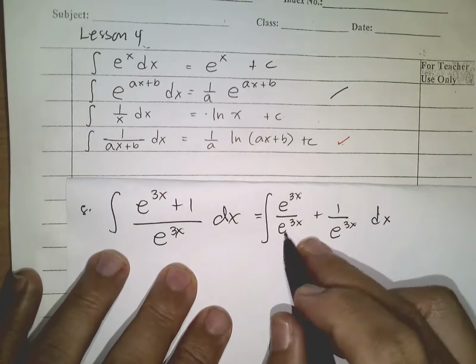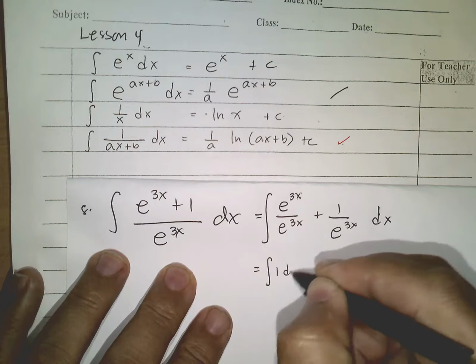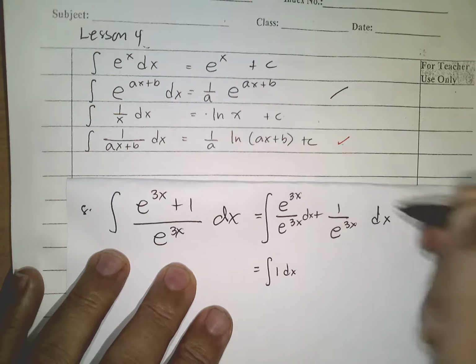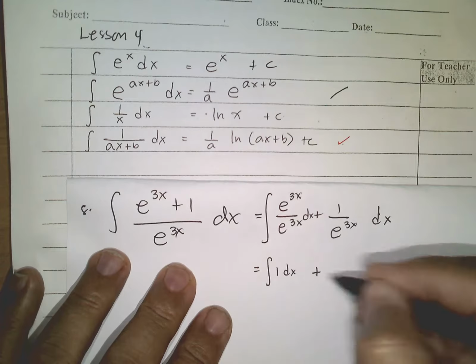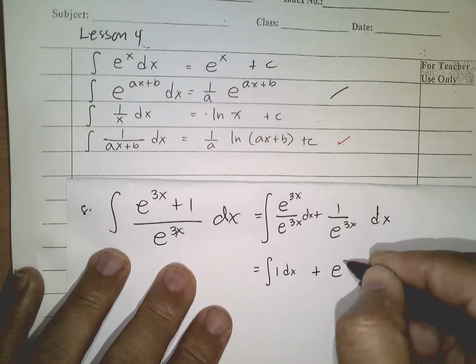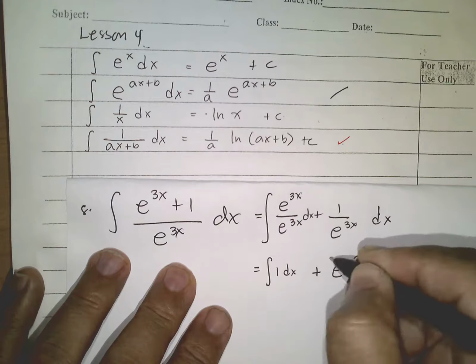So e to the 3x divided by e to the 3x is 1, so that becomes 1 dx. Sorry, there's a dx here. Alright, and then this one here plus e, you put it on top, negative 3x dx. Then I'll put the integral like that.